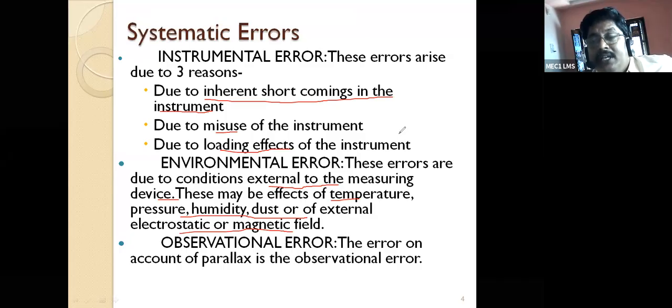For example, in large industries, due to the environment, the instrument may work and may not work sometimes. Maybe if it works, then the reading is not correct. So these are called environmental errors, for example due to humidity. Take our wall clock.